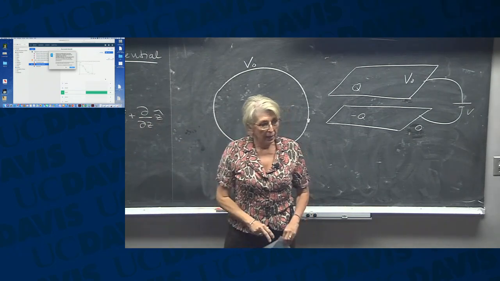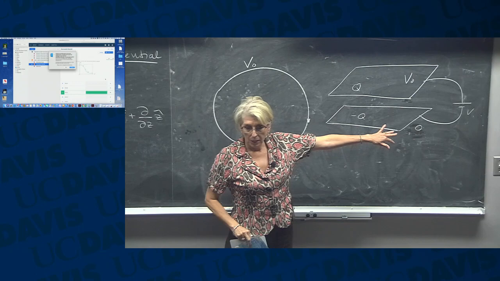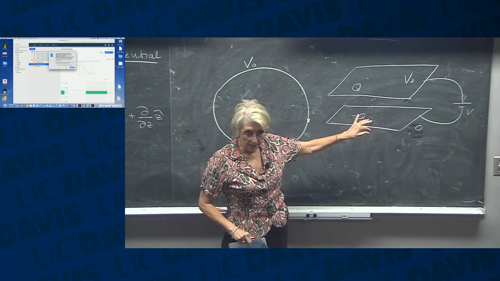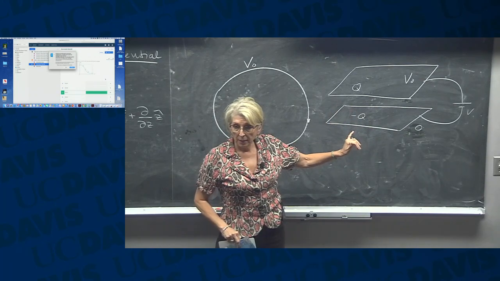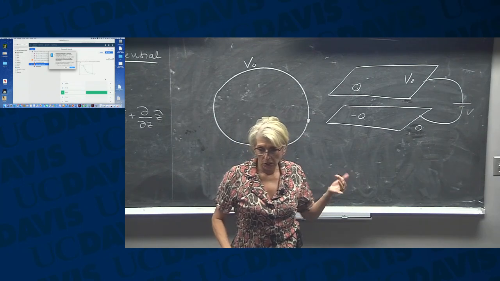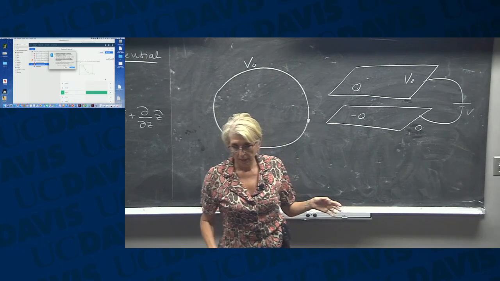To find the electric field everywhere. Okay? And from the electric field, as you will see later, I can find the capacitance. And this is extremely important. Why is that? Because we cannot design circuits without capacitors. Do you remember that? There are no circuits without capacitors.